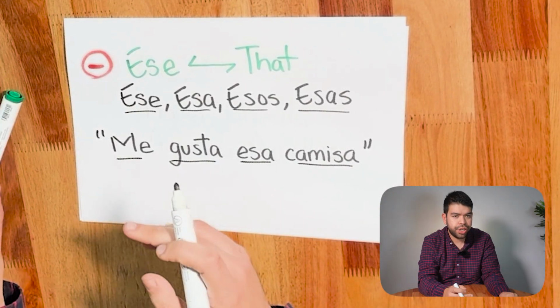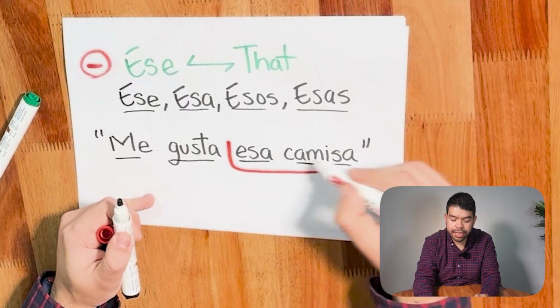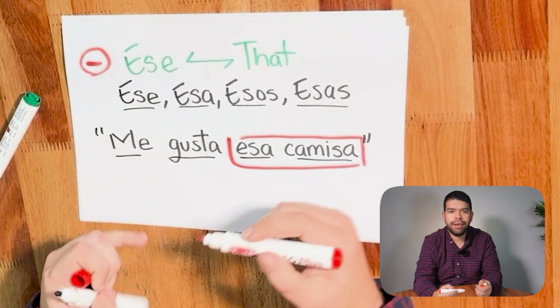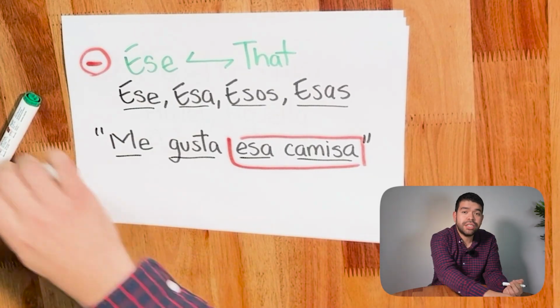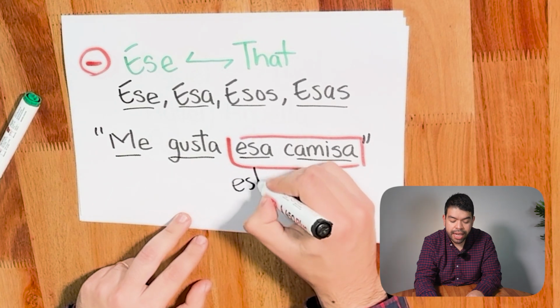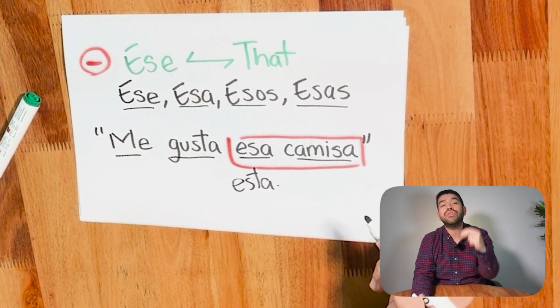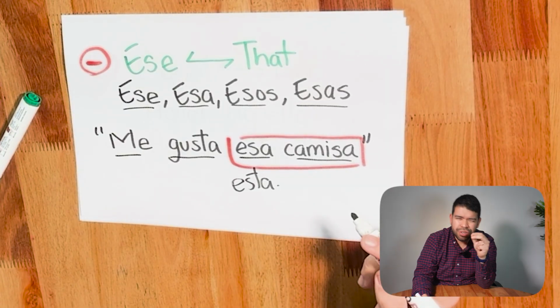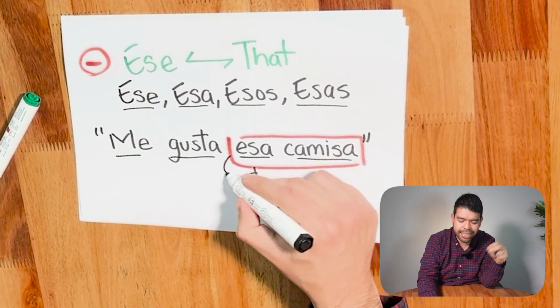I like that shirt. Esa camisa means that shirt, okay? The one your friend is wearing, so obviously it's closer to them. If you say esta camisa, that would mean you would be making reference to the one you're wearing. Do you see the difference? This and that, esa and esta.